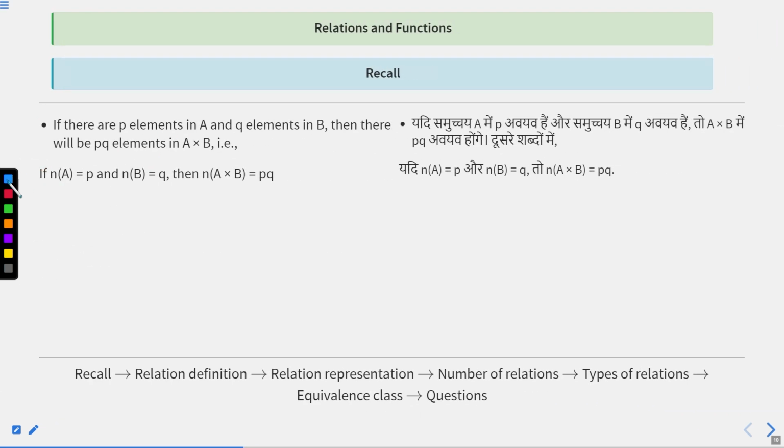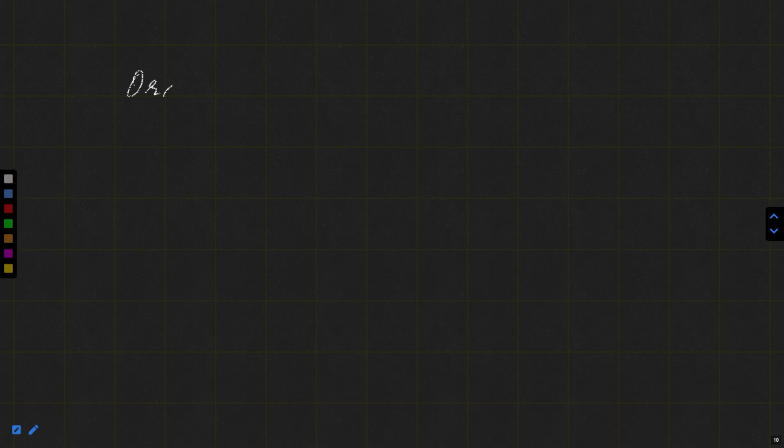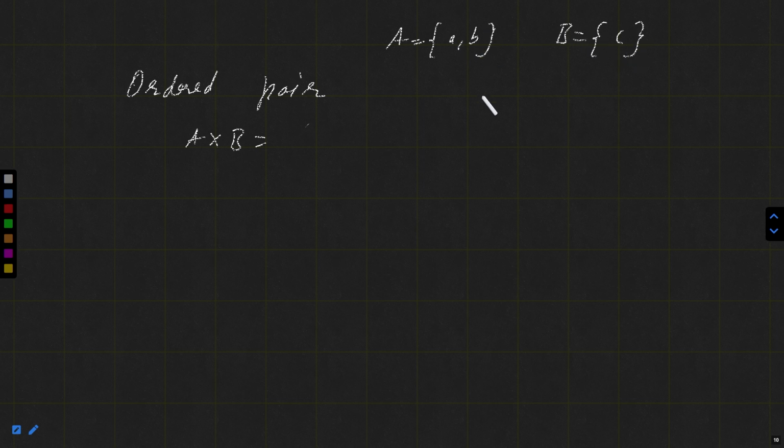Now recall, one more thing, that we use this term ordered pair. In the previous example, if you recall, A was {a, b} and set B was just this element c.